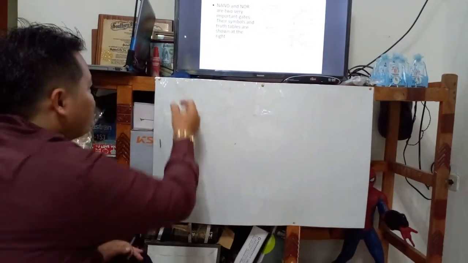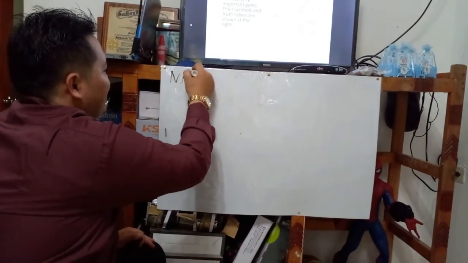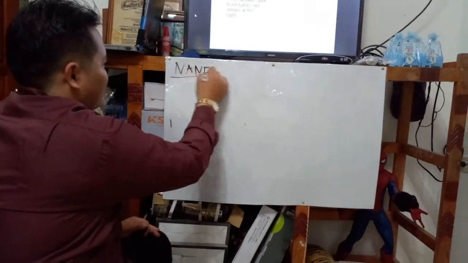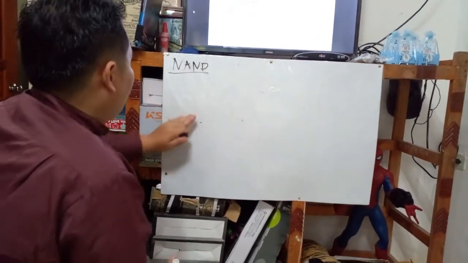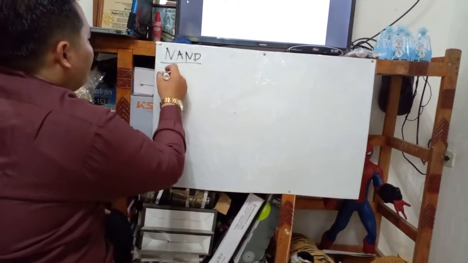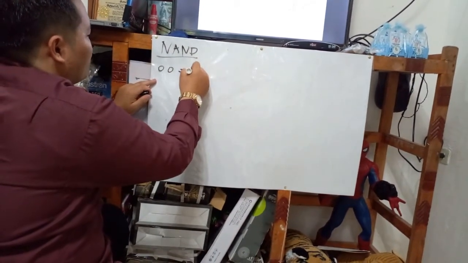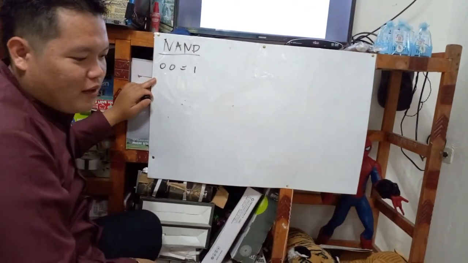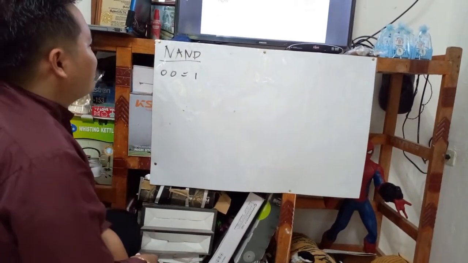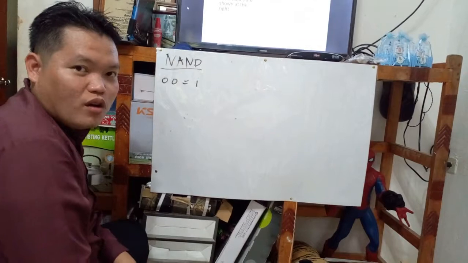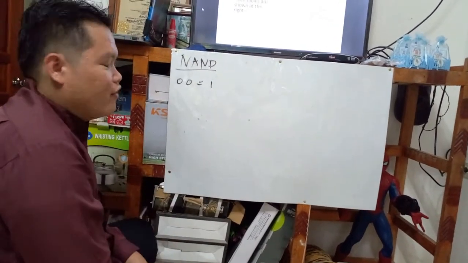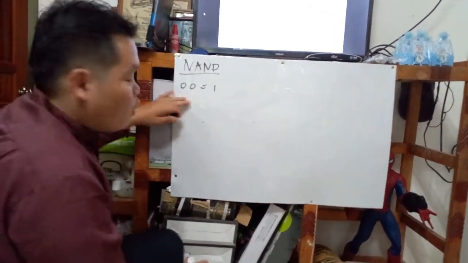So now let's proceed for the NAND. So meaning not and. So under sa imong truth table, if all false, i-invert niya, mahimo siyang true.